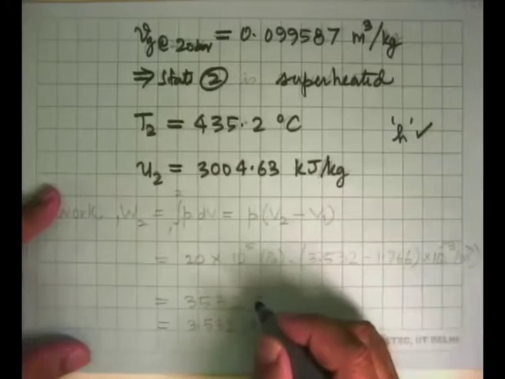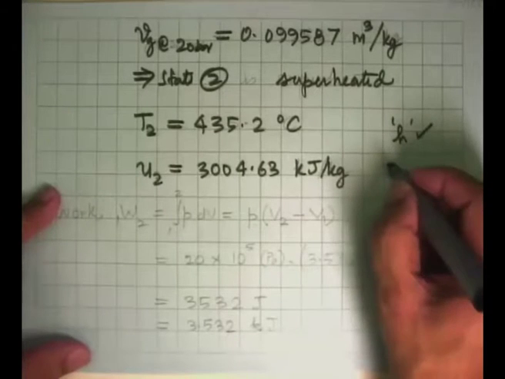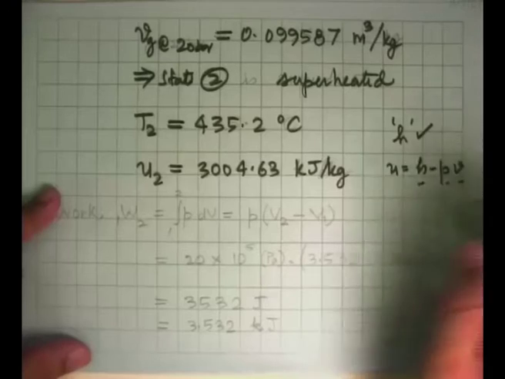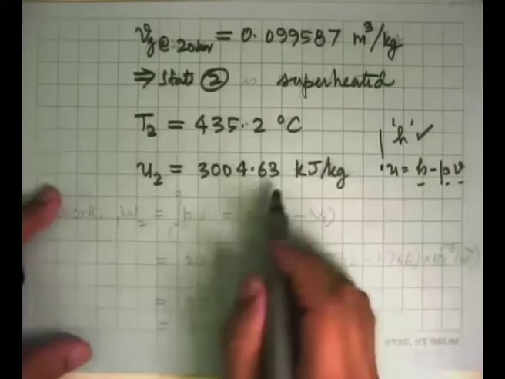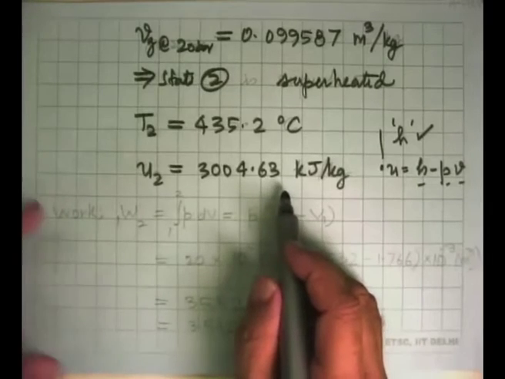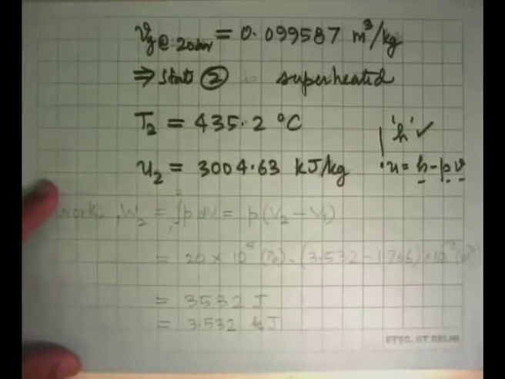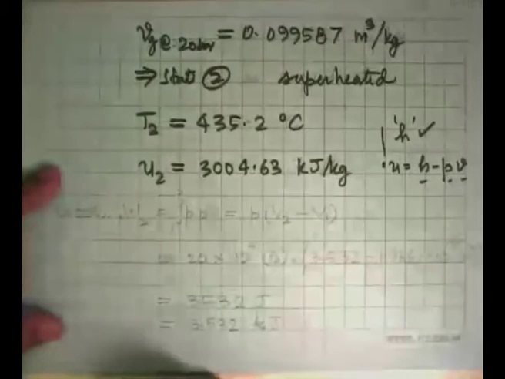So what we need to do is an extra calculation. We get H there, and say that U is equal to H minus PV, P and V are also given. So one extra calculation is involved if U is not explicitly given in the tables or in the property packages that we have. So we got this, and now we have everything that we needed for state 2.